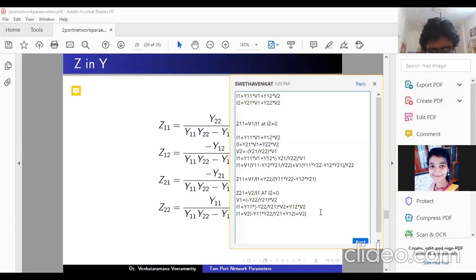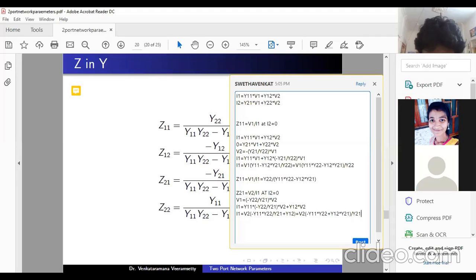Okay. So now if you take V2 outside, then we have minus y11 into y22 plus y12 multiplied with y21, divided by y21, right? So as per the definition of Z21, that's equal to V2 by I1.